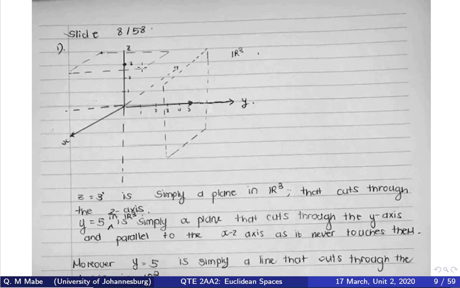It cuts through the z-axis at z equals 3, and as you can see, this plane is parallel to the xy axis in a sense that it will never cut through the xy axis, and y equals 5 is just a plane that cuts through the y-axis at y equals 5, and as you can see, this plane is parallel to the zx-axis in a sense that it will never touch the z-axis.